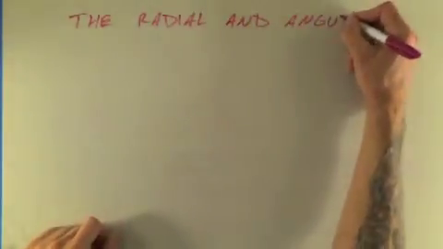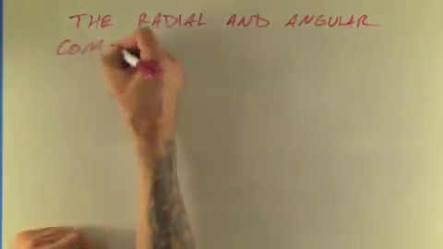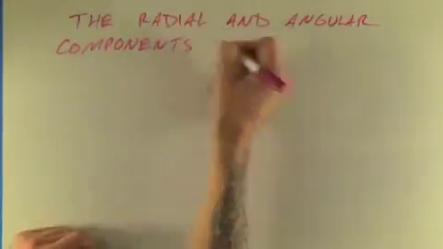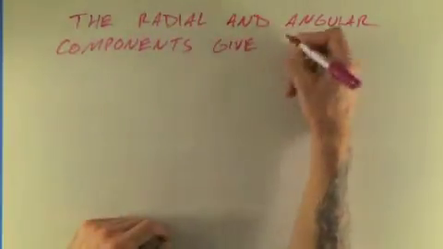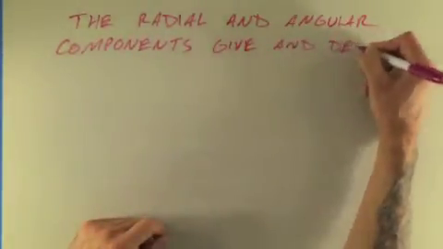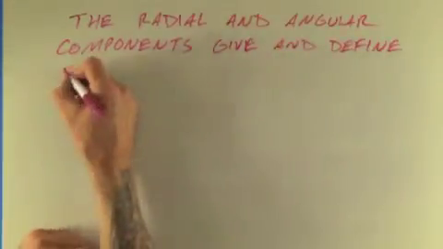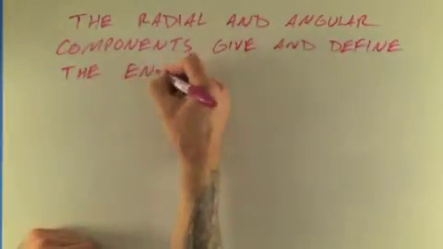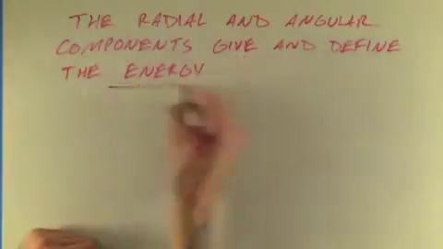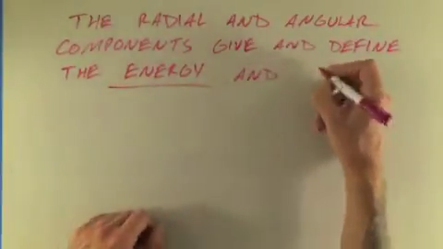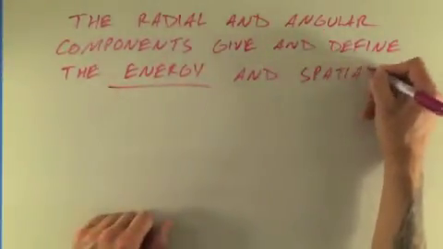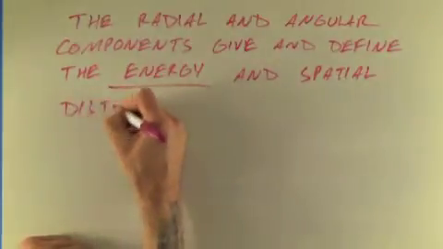So these radial and angular components, and incidentally, that was just one example of one wave function. There's a bunch. They also define the allowed values for the energy of an electron. And they also give you sort of its spatial distribution.